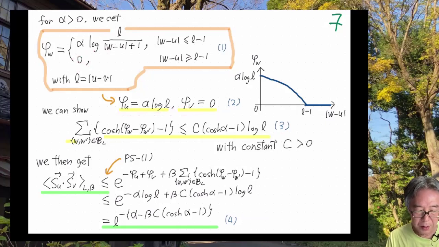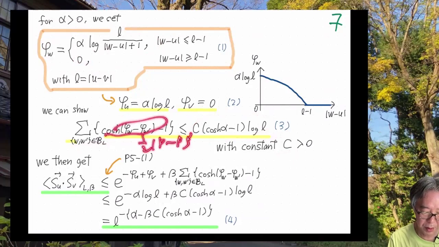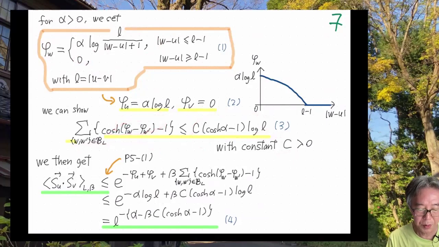Furthermore, we can show that with this choice, this summation is upper bounded in this form, where c is some constant. This is a bit tedious, but simple. You replace this by phi minus phi squared, and you do a simple calculation. So this is not too difficult, and anyway, we can show this.